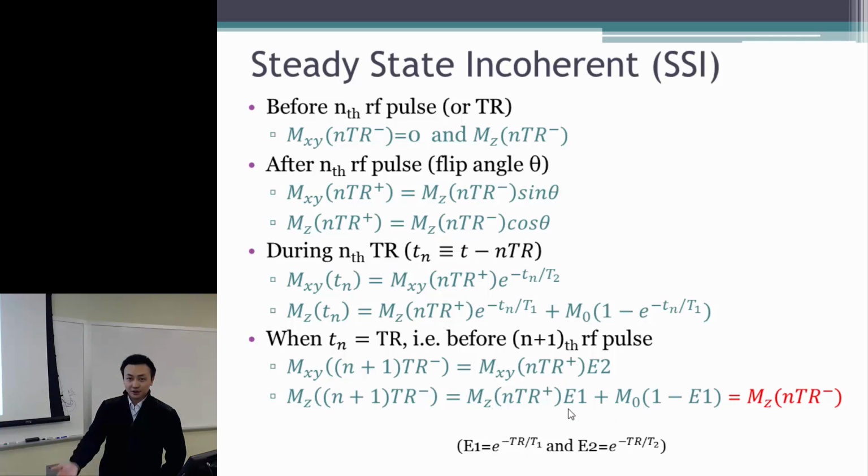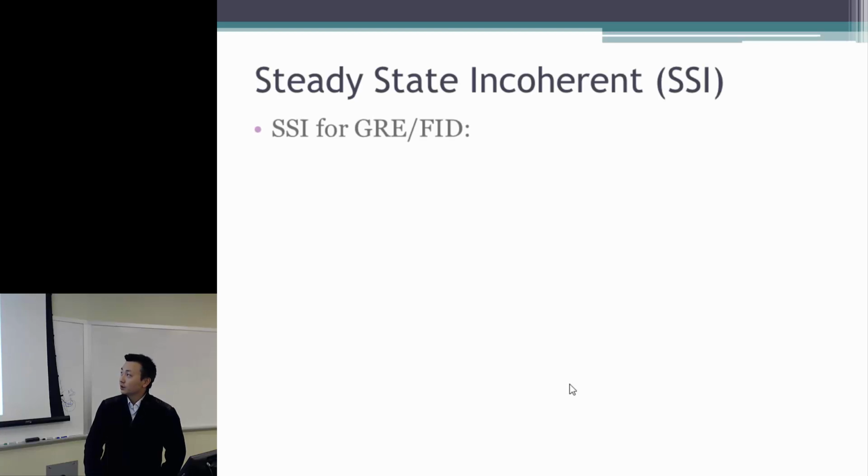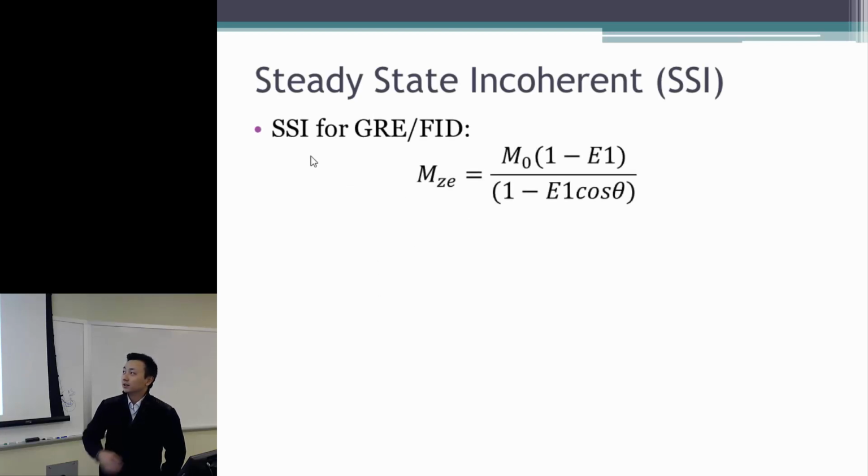Since it's at the steady state, this one would be exactly the same as the last one, and we will have spoiled the transverse magnetization to zero by means of gradient and RF pulse. We will see about that later. By solving this simple equation, we come up with the steady state incoherent signal for the gradient echo or the FID signal. It is in this form.